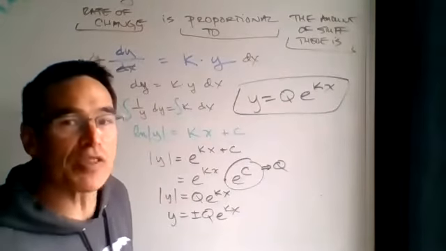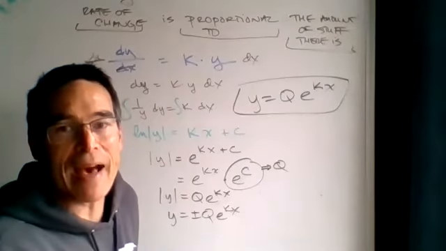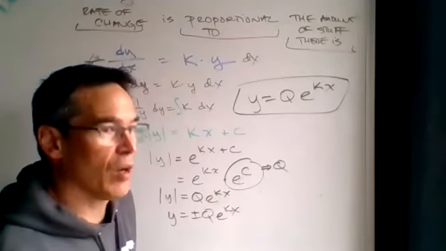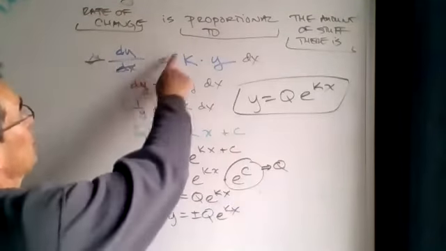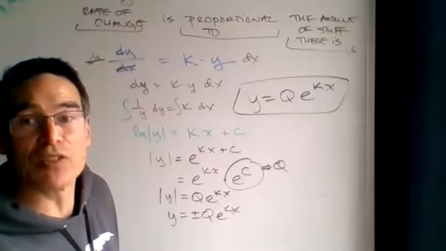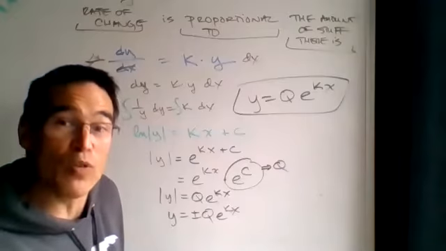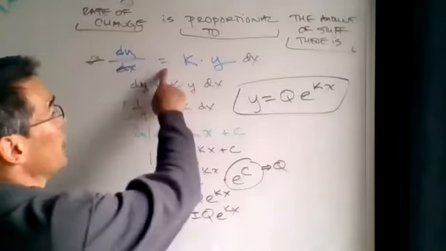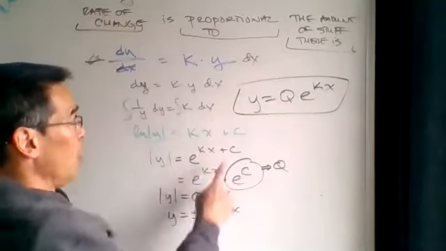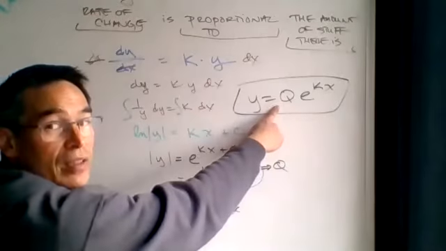Sometimes, as part of your preamble question, it might say something like this, and then give you more information. And so what you know is that it will integrate to an exponential model. So you don't have to go through all this to get there.